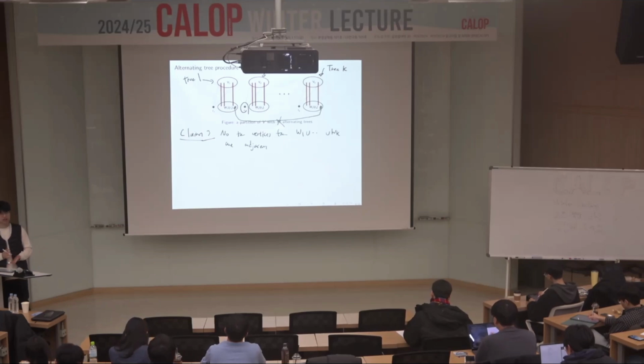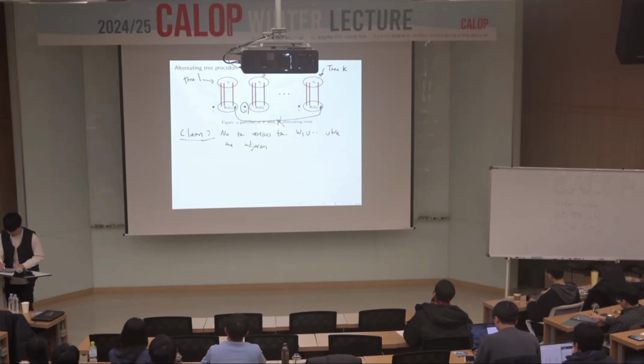And the reason is quite straightforward because of how we grow our tree. Let's say I have this W1 and I have V1.